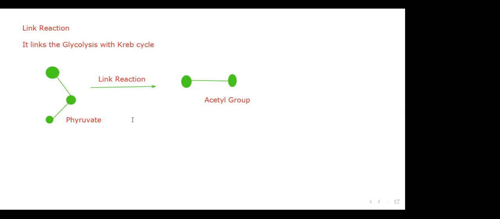Right? So when link reaction is happening, there will be 2 processes involved. First one, dehydrogenation. Dehydrogenation means what?